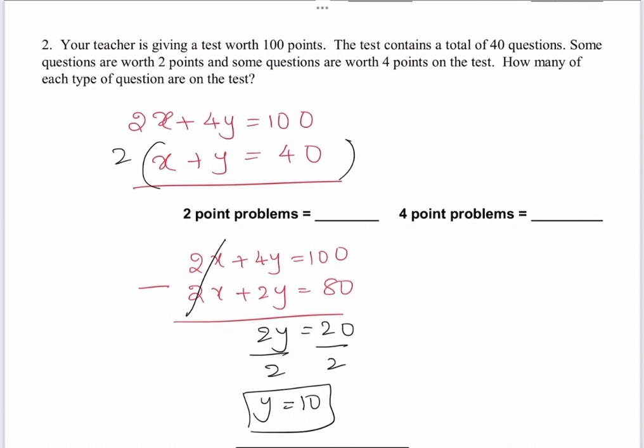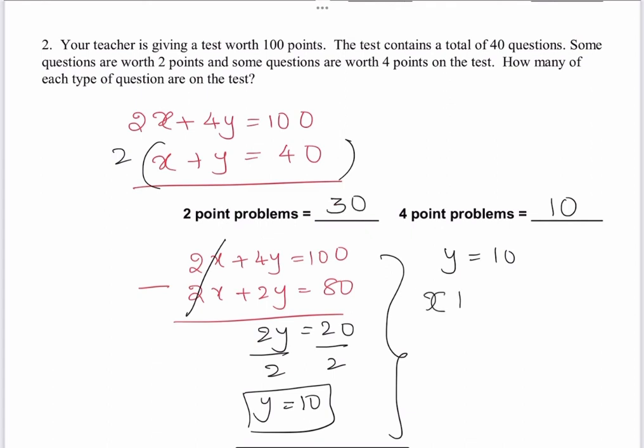Divide by 2 on both sides, you will get y equals 10, right? If y equals 10, that means the 4-point problems are 10 out of 40. So 2-point problems will be 40 minus 10, which should be 30, right?